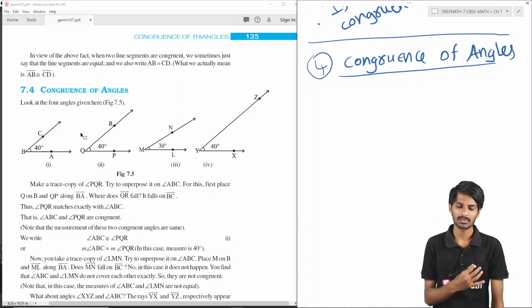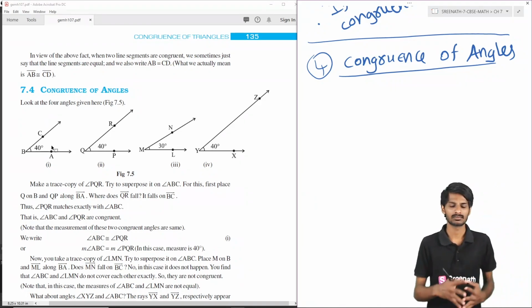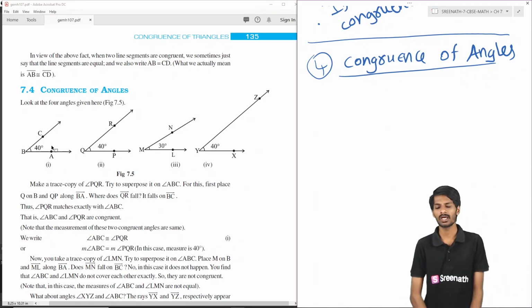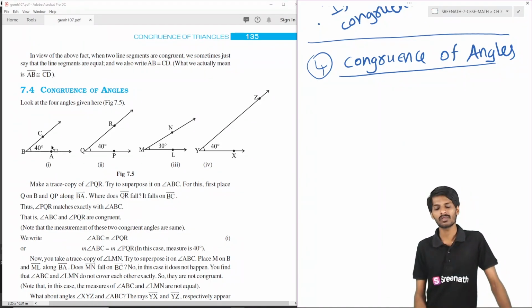You may have some doubt: sir, here the length of QR is larger than the length of BC. Then according to the congruence of line segments, these 2 line segments are not congruent, sir. Yes, of course. But here, students, we are concerned only with the angle. Our main interest here is on the angle only, not on the line segments.